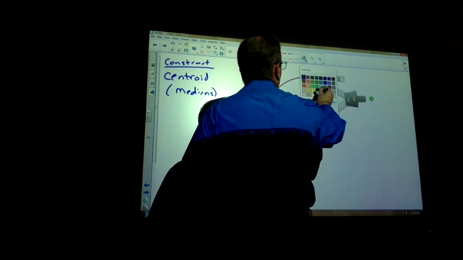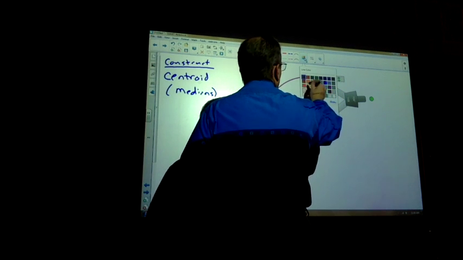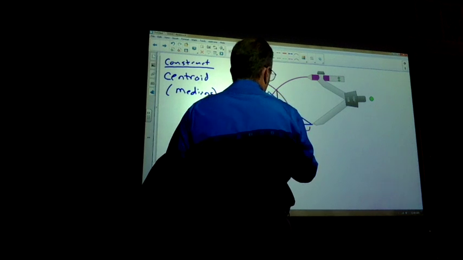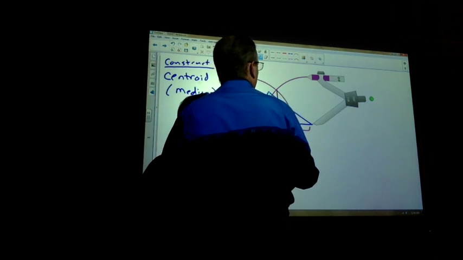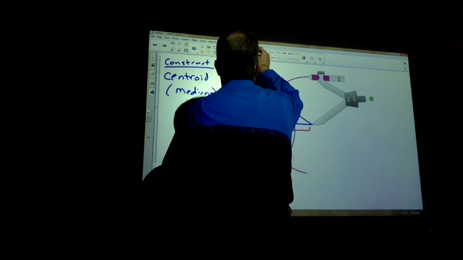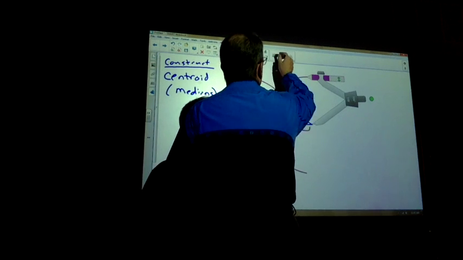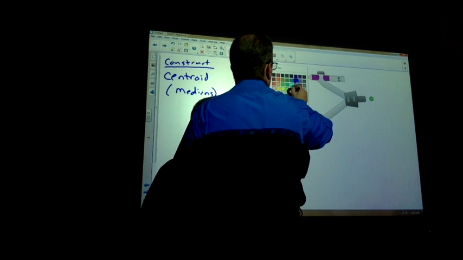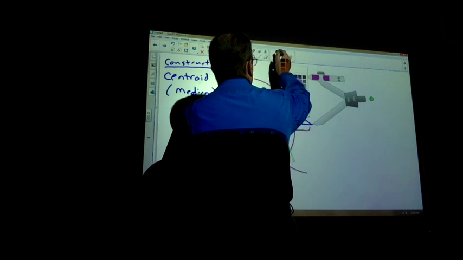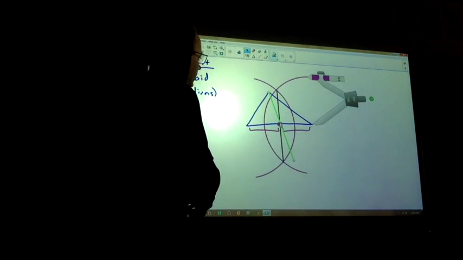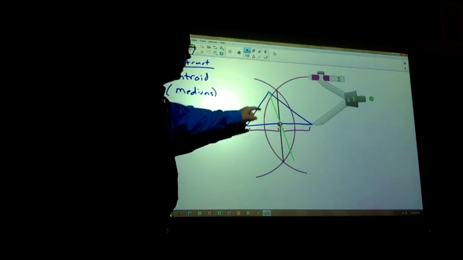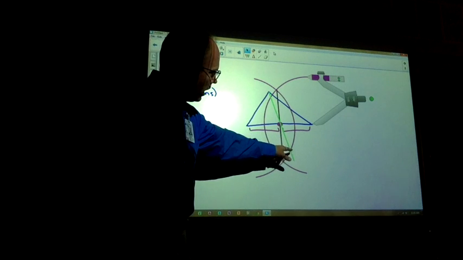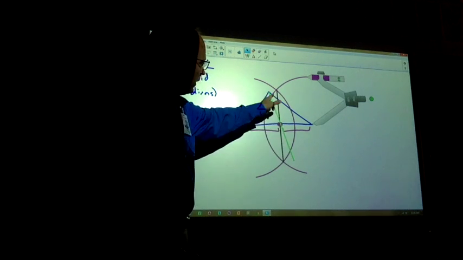So this yellow or green point, that's what we're going to do.